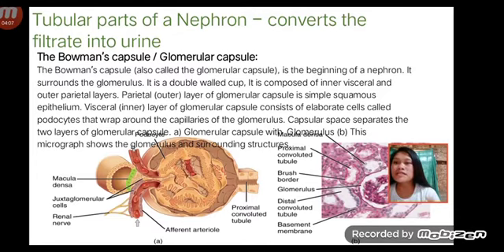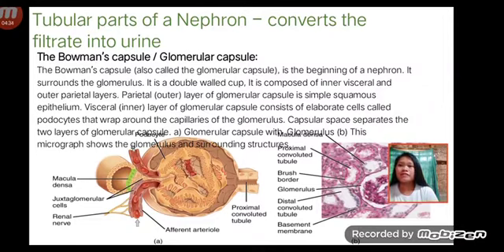So the Bowman's capsule, also called the glomerular capsule, is the beginning of a nephron. It surrounds the glomerulus. It is a double-walled cup composed of inner visceral and outer parietal layers. The parietal outer layer of the glomerular capsule is simple squamous epithelium.